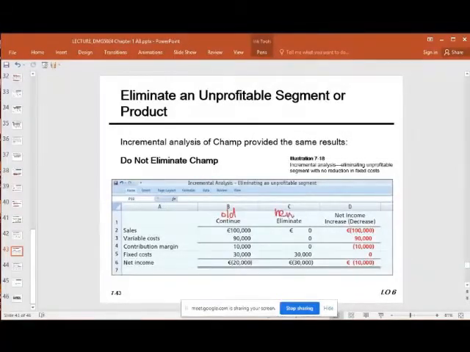So don't swap their places. In front should be continue, behind should be eliminated. So we use the contribution margin method since they have given you the data using contribution margin. So sales minus VC, you get contribution margin, and then you have fixed costs, and then net income.